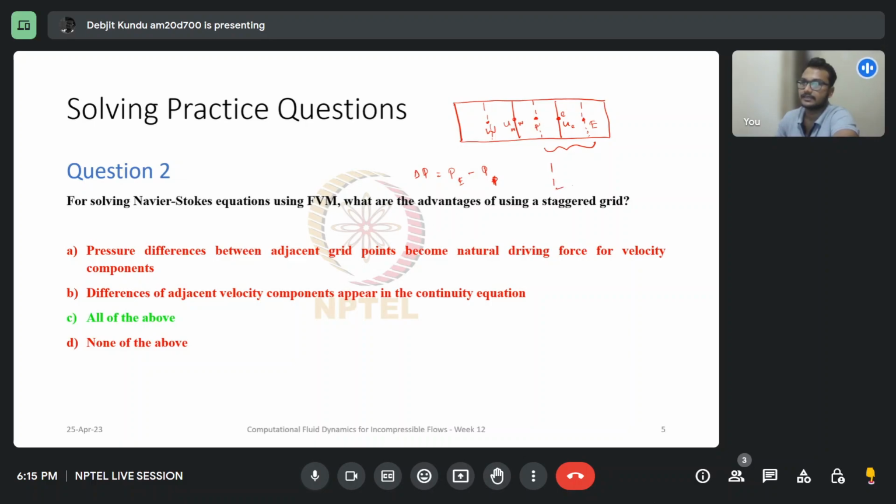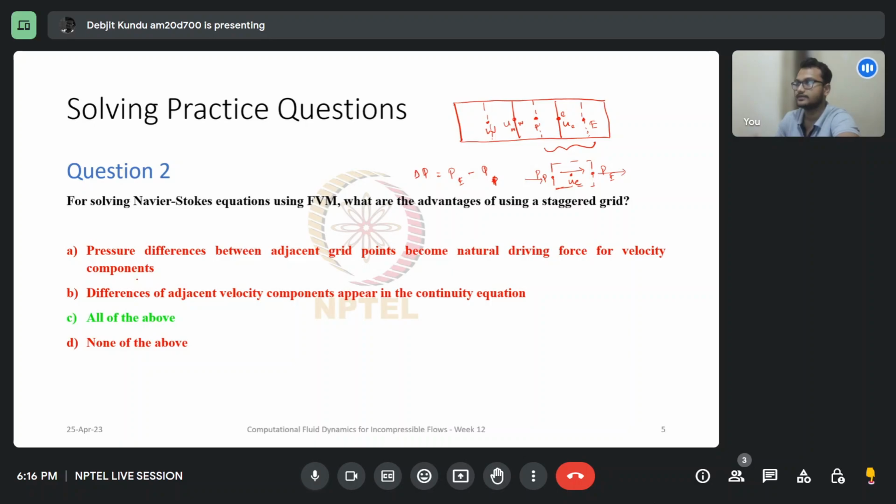So focus on this. I have a cell like this. I have the pressure here, PP, and I also have the pressure here, PE, and I'm trying to estimate the velocity UE over here. So as far as this cell is considered, there is a pressure here, there is a pressure here, and the difference of that becomes sort of a natural driving force for the velocity UE within this small finite volume.